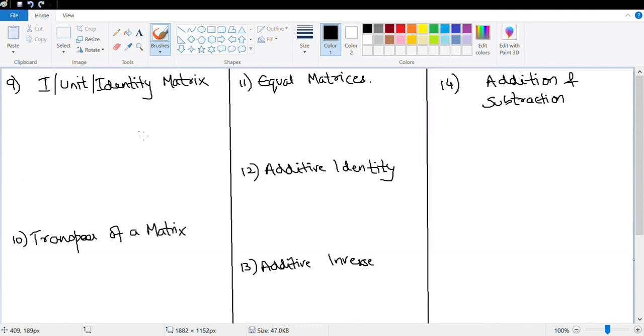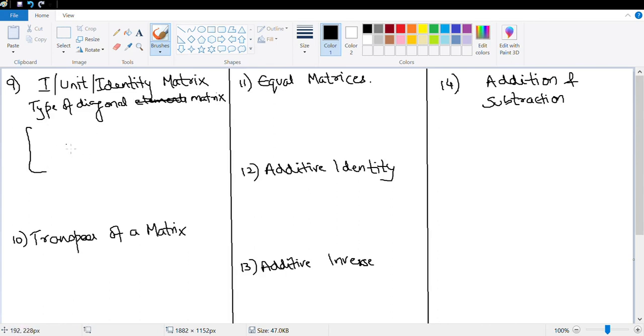So what is a unit matrix or an identity matrix, also known as I? This is a type of diagonal matrix where all elements in the diagonal are 1, and everything else is 0.